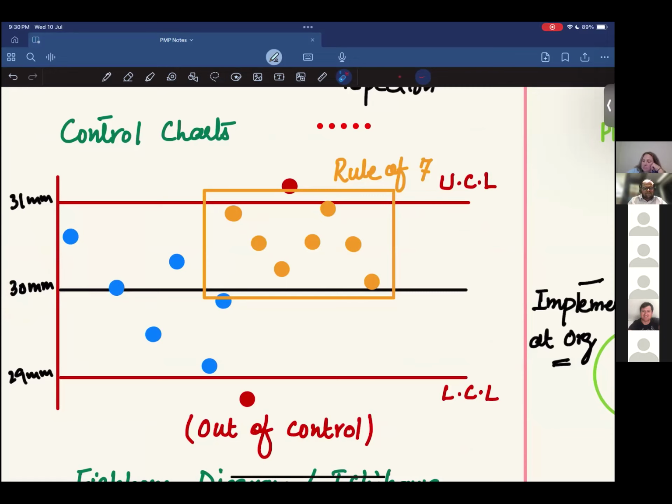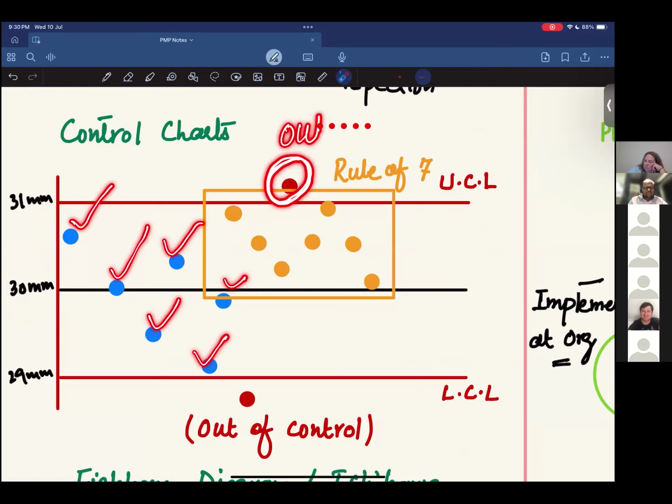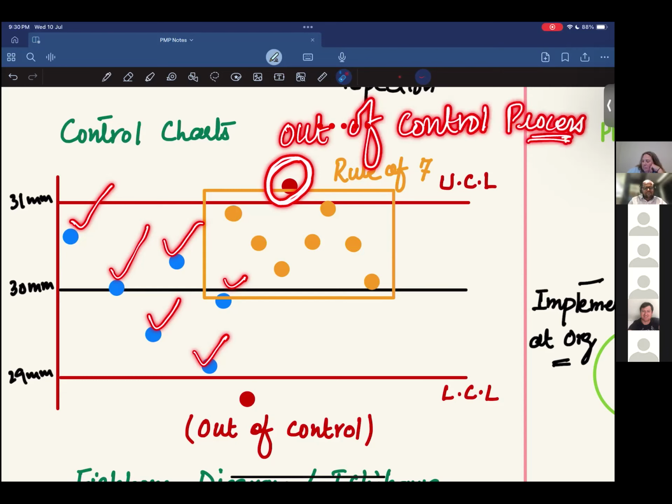Let's suppose the first sample is here, second here, third here, fourth, fifth. We want to see if any sample is out of limit. You can see this red dot is an out of control process.